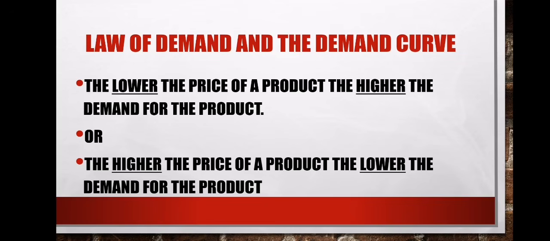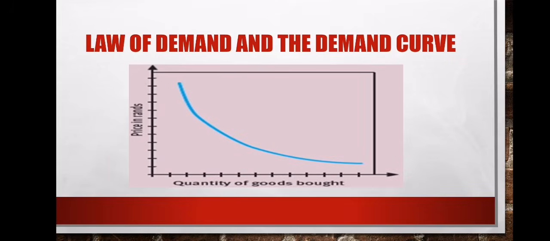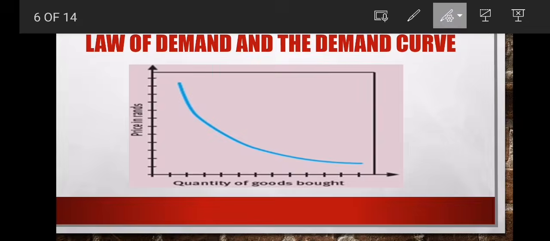Let us use the graph to look at how we can understand the law of demand. It may happen, good people, that you have forgotten the law of demand. But if you still recall the graph, you have to note that we said the higher the price, the lower the quantity demanded.